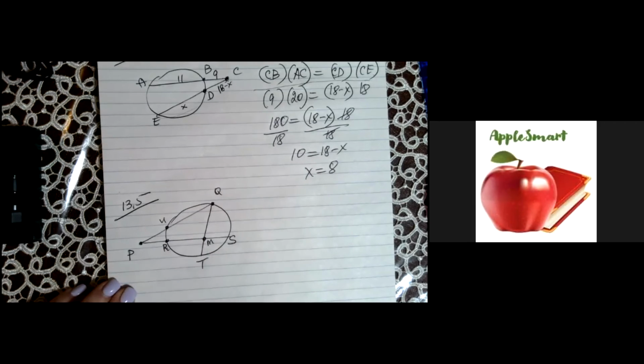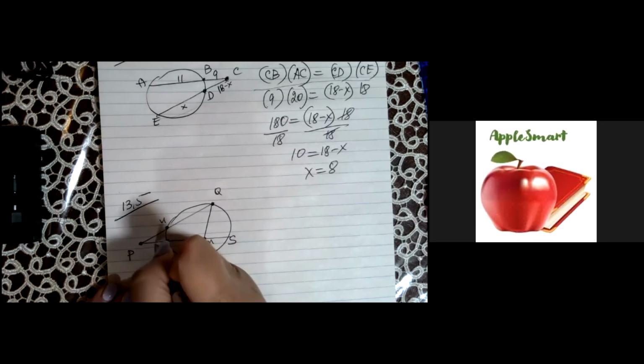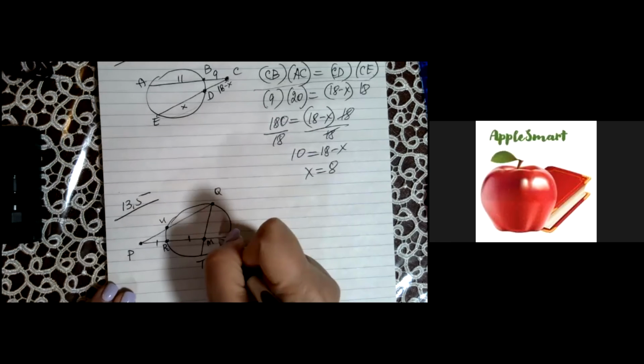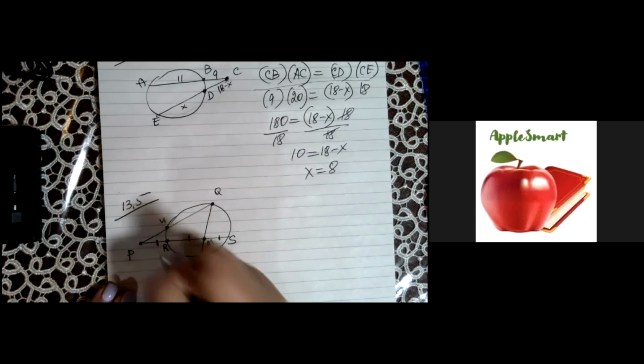Trisect means divide into 3 equal parts. To bisect means to divide into 2 equal parts. So in other words, PR is the same as RM, and it's the same as MS, okay? So these 3 line segments are equal.